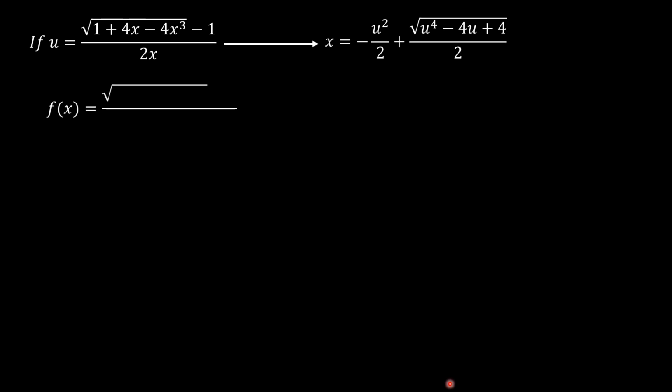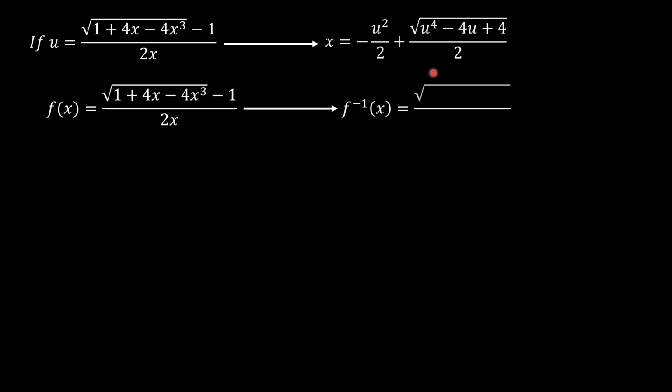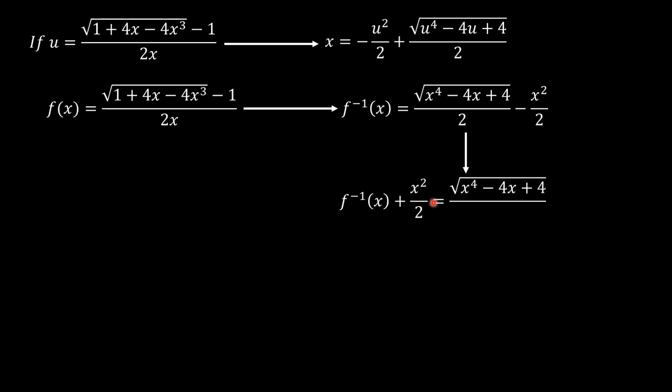So with that being something that we know now, if we take the assumption that f(x) is our function of choice here, we can see that our inverse function is equal to this guy, but now we have x here, minus x squared over 2, such that the inverse function of f(x) plus x squared equals the square root of x to the power 4 minus 4x plus 4 over 2.